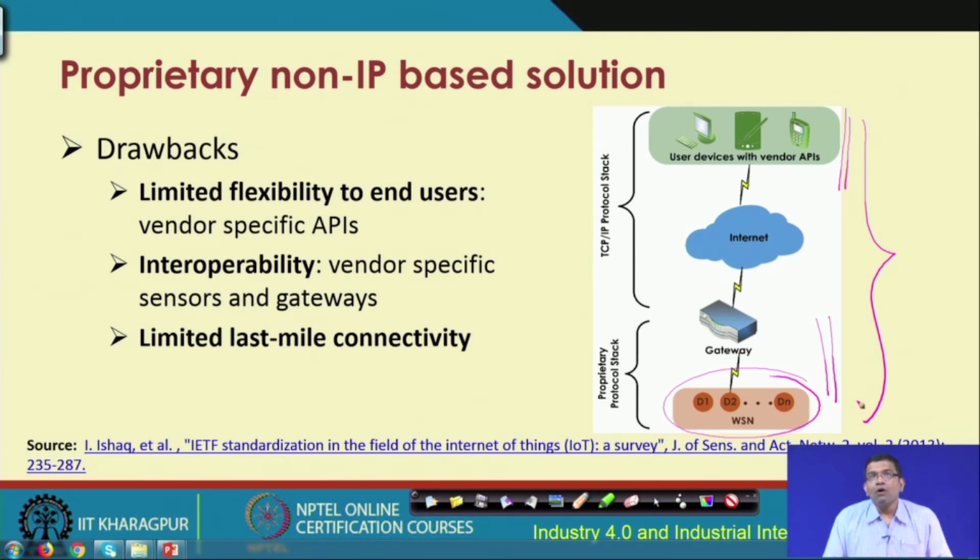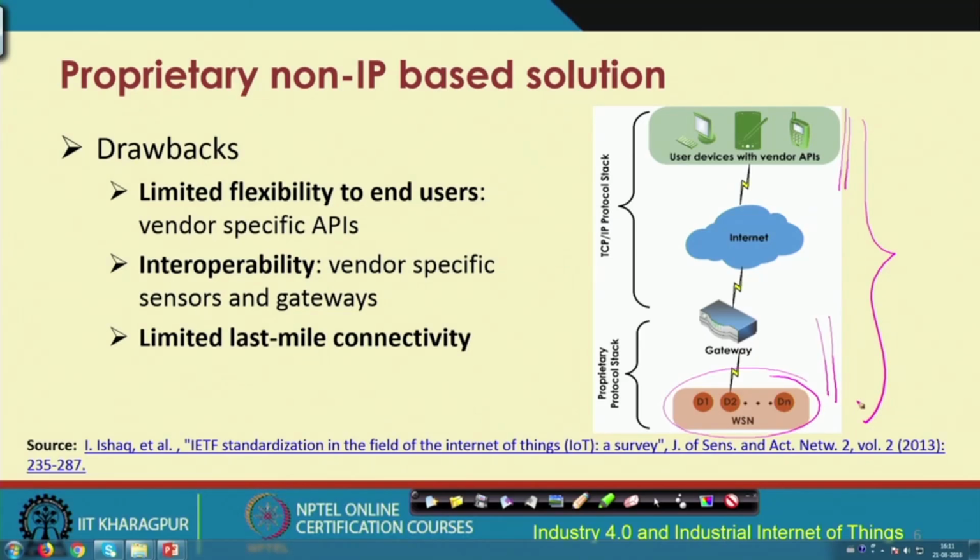But the drawback of these non-IP based solutions is that there is limited flexibility to end users, because these are vendor specific APIs. In terms of interoperability, there are vendor specific sensors and vendor specific gateways. Each of these speaks a different language. It is somewhat like some sensor nodes, some IoT devices, speak one specific vendor specific language.